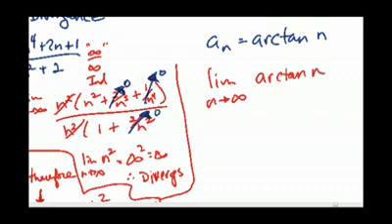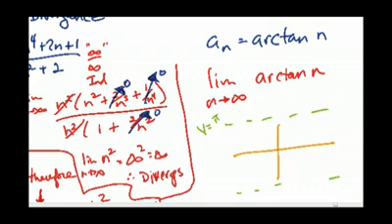And if you remember the graph of arctangent, most of you probably don't, it looks like this and has asymptotes here and here. This is y equals pi over 2, y equals negative pi over 2.